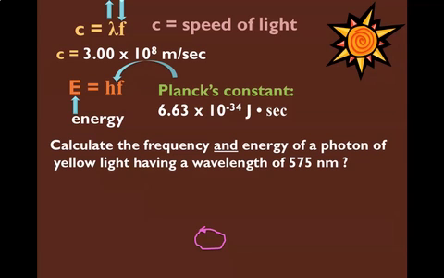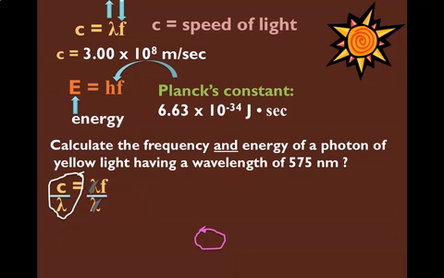So if we're asked to calculate the frequency and the energy of a photon of yellow light having a wavelength of 575 nanometers. First we're going to calculate the frequency, and we can do that using our equation that has the speed of light in it. I can just change this around. If I divide both sides by wavelength, it's going to cancel on the right, leaving me just with frequency, which is what I want to find.